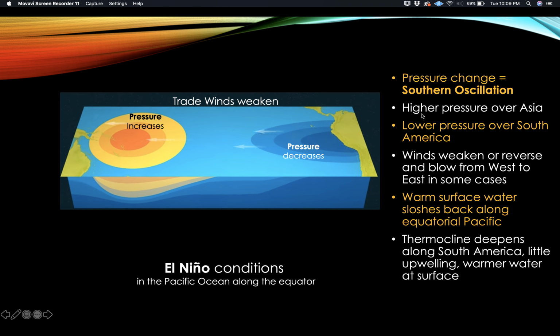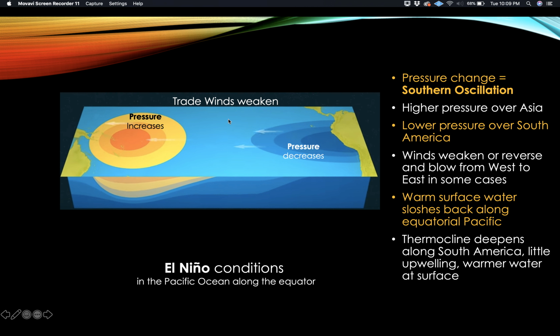During an El Nino event, you will get a higher pressure over Asia and a lower pressure over South America. Because of that decreased pressure differential, the trade winds will weaken or sometimes even reverse and blow from west to east.